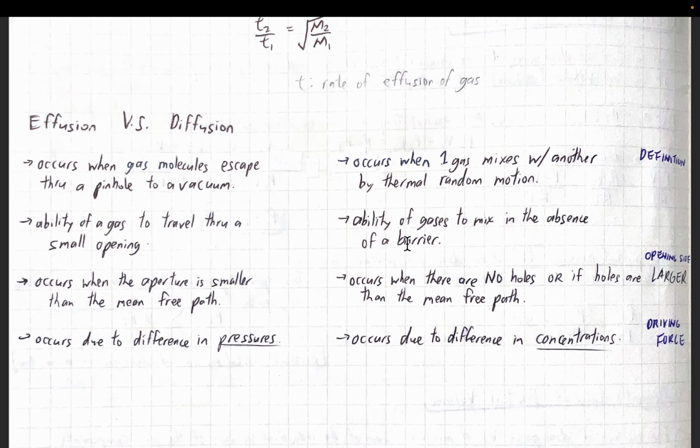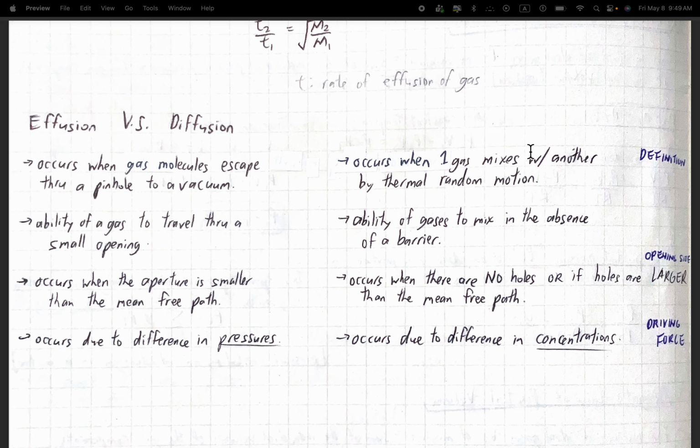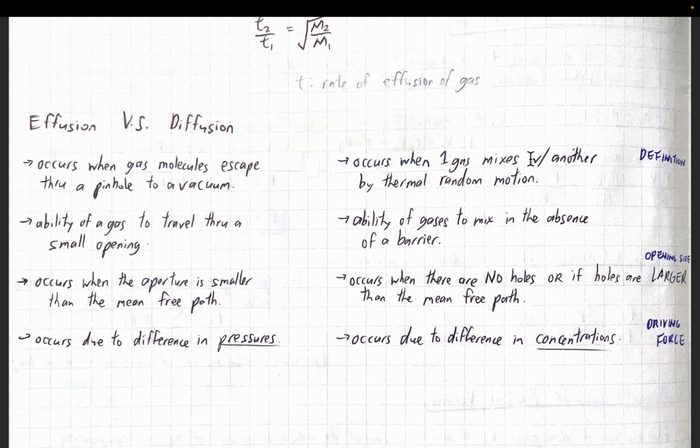For diffusion, this is the ability of gases to mix in the absence of a barrier. And it occurs when there are no holes or if holes are larger than the mean free path. We'll encounter this in long quiz 2, mean free path. And yes, this occurs due to a difference in concentrations. This is the driving force.